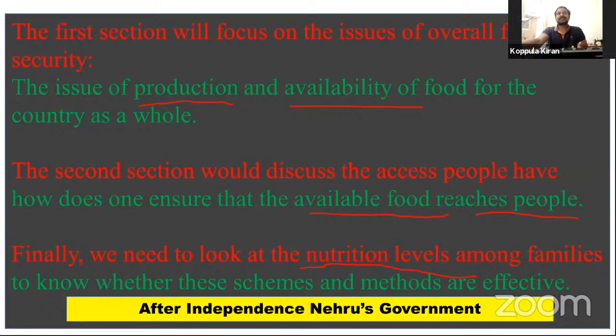Let us discuss these schemes: the PDS, buffer stock, and other schemes, midday meals, Anganwadi centers. Are these schemes and methods effectively implemented or not? Let us discuss one by one.